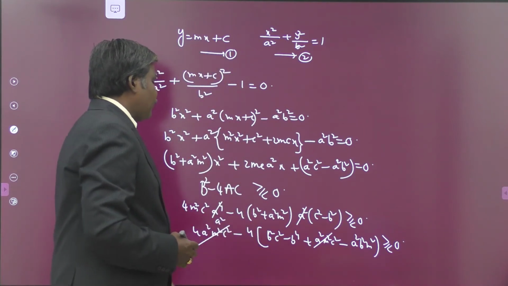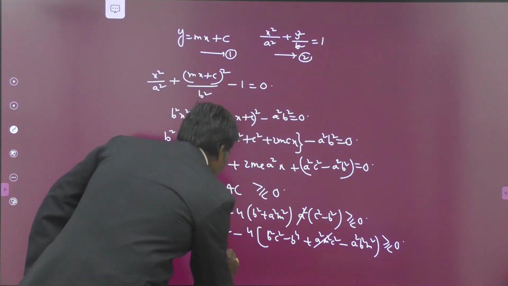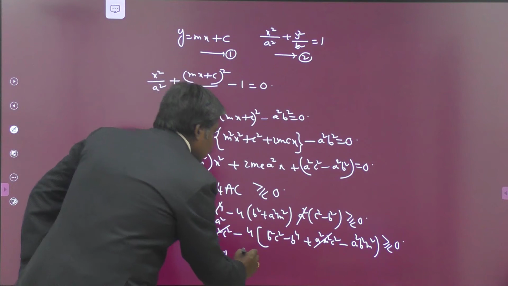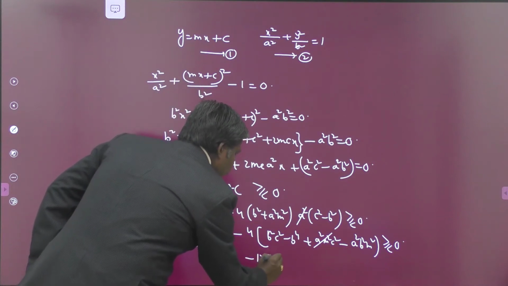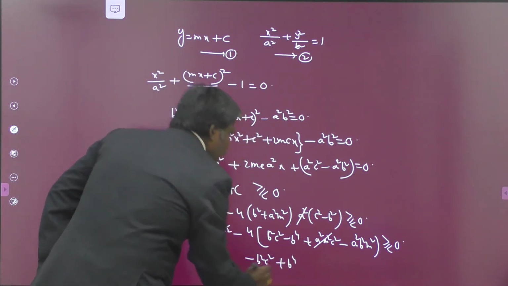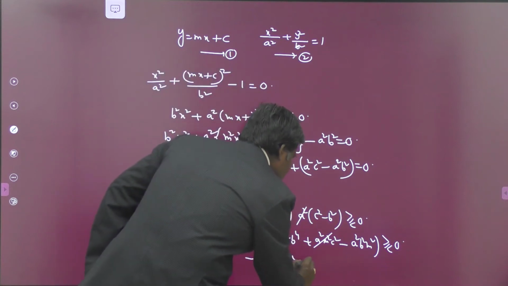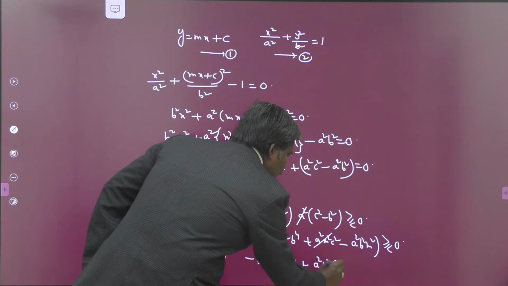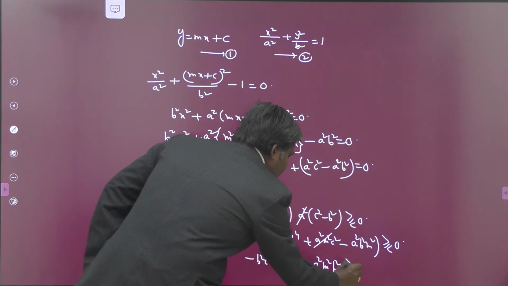The 4 is always positive, you may remove that also. Minus b square c square plus b power 4 plus a square m square b square is greater than, equal to, or less than 0.